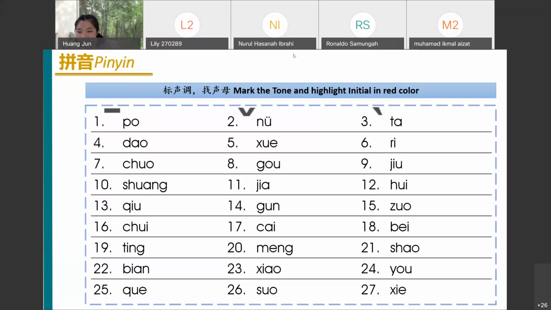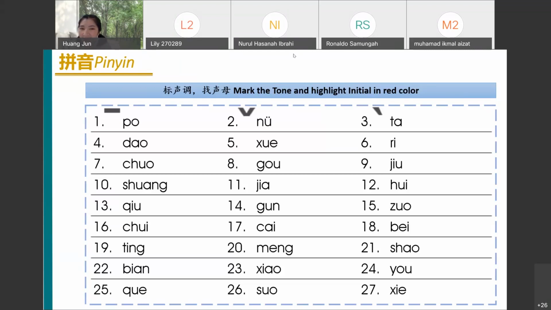Read the rules, study the rules again. For the number 3 submission over here, all the tone marks are correct, but for number 2, the question word I gave is 女.